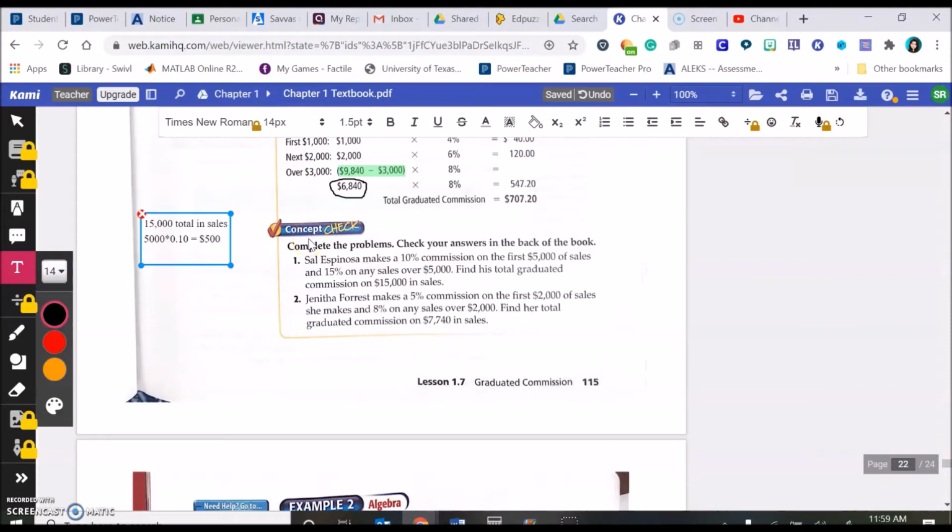And then anything over 5,000, so we have to figure out how much is over 5,000. That is 15,000 minus 5,000, which equals 10,000. So that's how much is over that $5,000 amount. So I'm going to do 10,000 times 15% of sales, or 0.15.